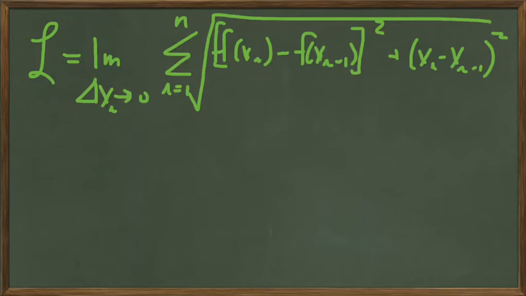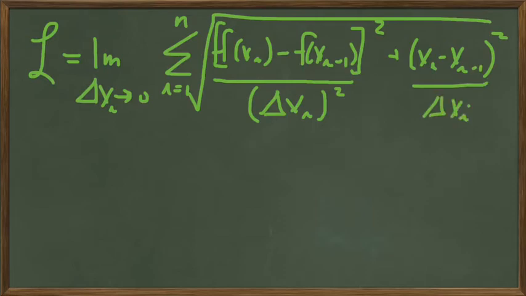To make it so that we can actually take this limit, we're going to divide this by delta x sub i squared, and we're going to divide this by delta x sub i squared, and then, since we're dividing by delta x sub i squared under the square root, we have to outside the square root multiply by delta x sub i.